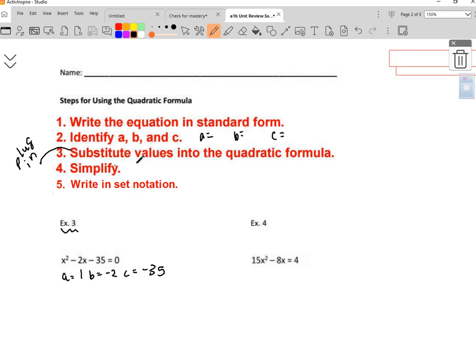Now we're going to plug in the A, B, and C into the quadratic formula.